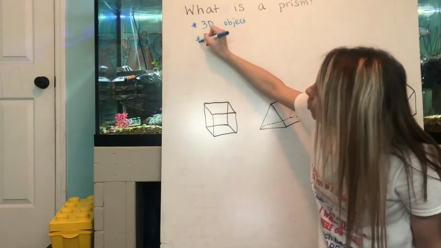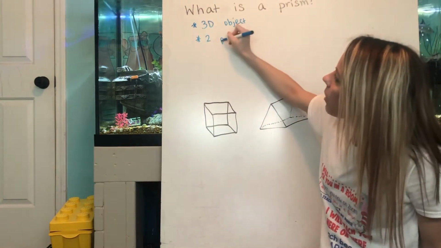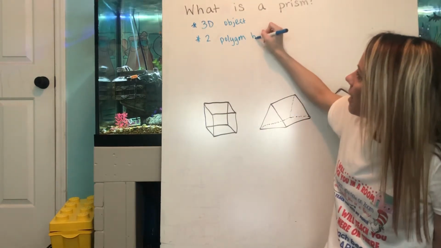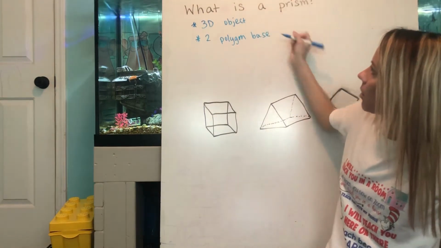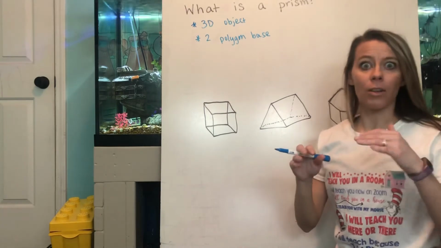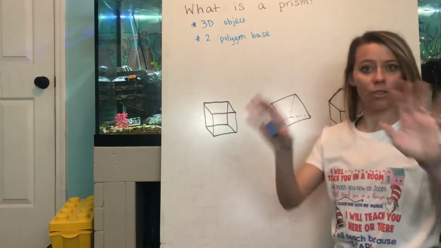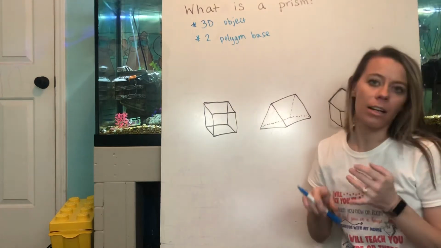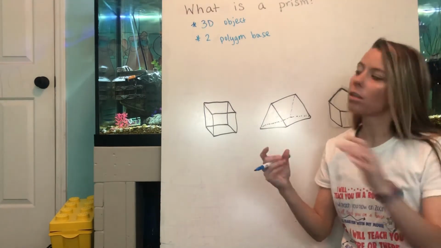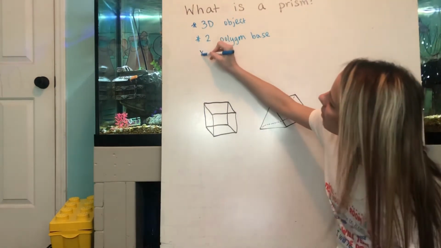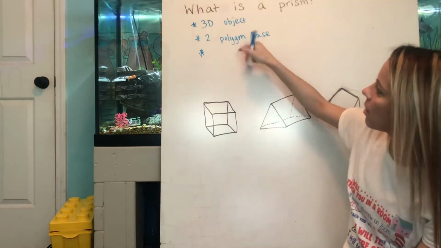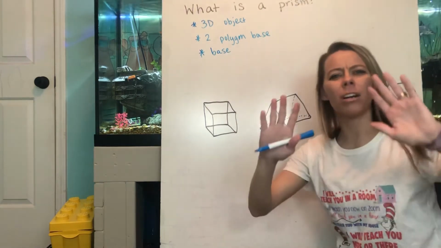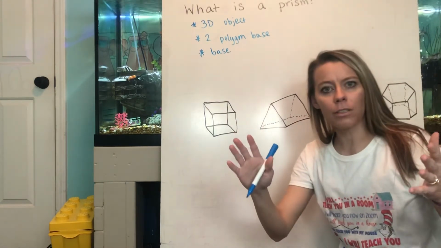It has two polygon bases, and remember polygons are just those shapes with straight edges that are connected, like square, pentagon, hexagon, heptagon, and so forth. And the bases are connected by either parallelograms or rectangles.